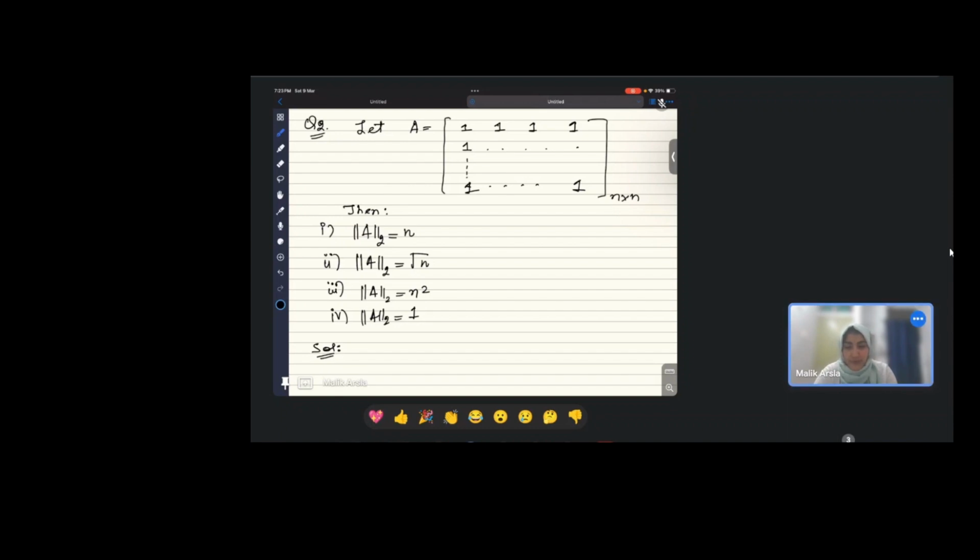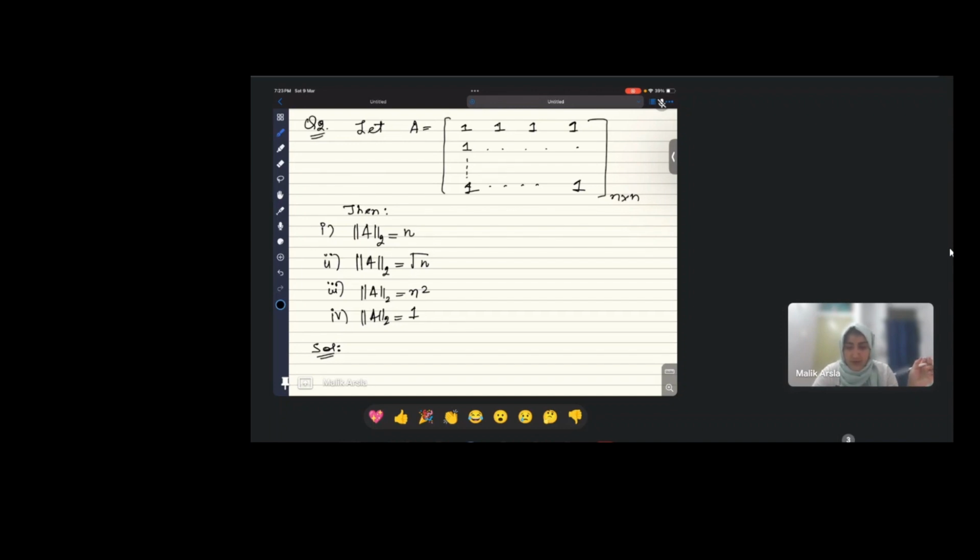So, which is a rank one matrix. So the eigenvalues are zeros, 0 0 0 up to n minus 1 times, and the one more eigenvalue is the trace of the matrix.